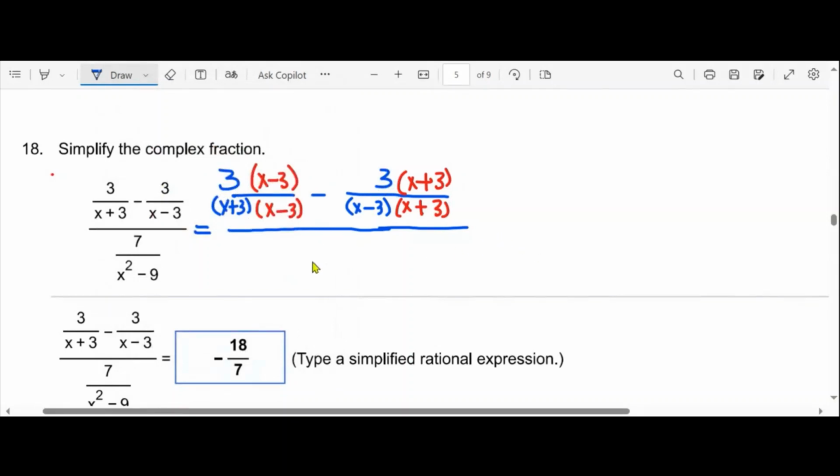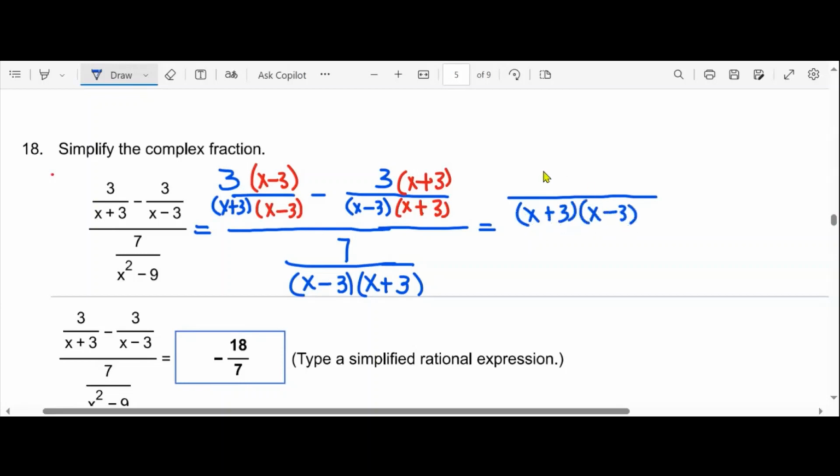Okay. What about the bottom? 7 over x squared minus 9. Oh, okay, doctor. 7 over x plus 3, factoring. Okay. So now the top is common, right? Yes.